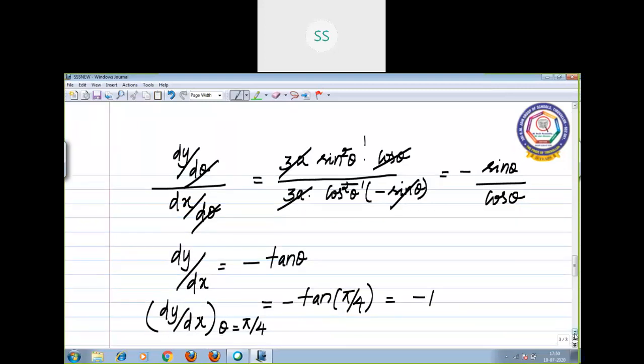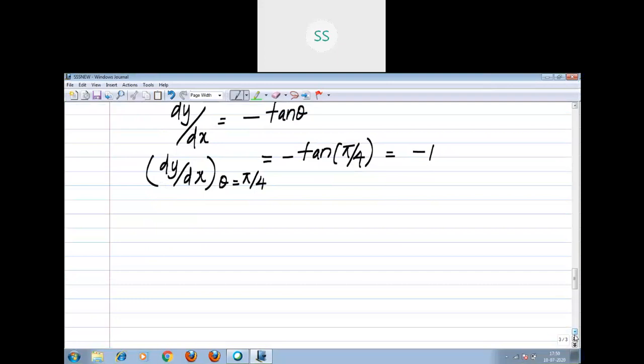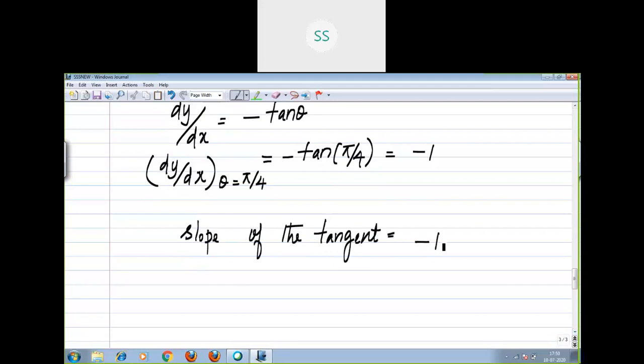Slope of the tangent. But they are asking the slope of the normal. See, first you write slope of the tangent equal to minus 1. What I told you, tangent and normal: the normal means the line which is perpendicular to the tangent.